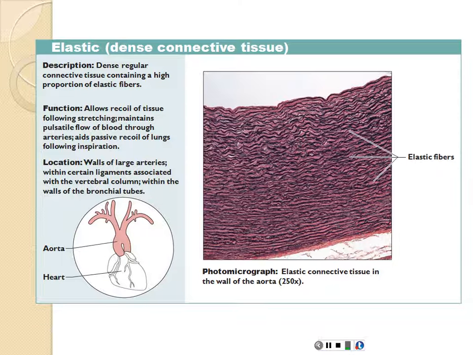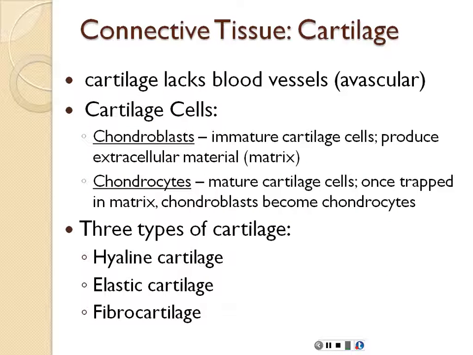And then elastic, dense connective tissue. The elastic tells you what its job probably is. It allows tissues to stretch and be able to recoil. And it probably has a lot more elastic fibers than collagen fibers, for example. And they're found in the walls of the large arteries, also in certain ligaments associated with the vertebral column, and within the bronchial tubes, where they're stretching and recoiling.